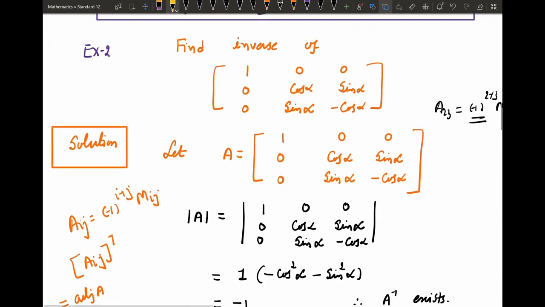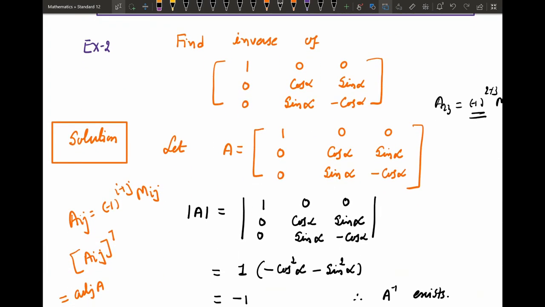Second example, find the inverse of the matrix 1 0 0, 0 cos alpha sin alpha, 0 sin alpha minus cos alpha. So as usual, first we give a name to the matrix.